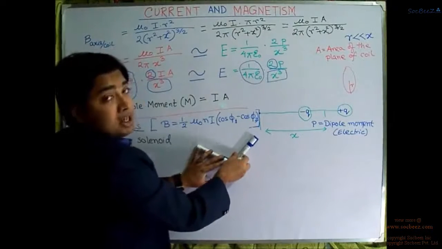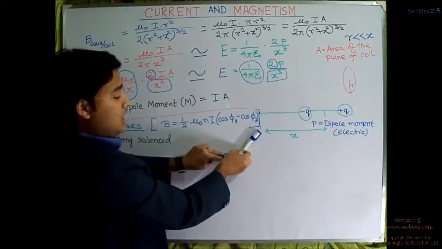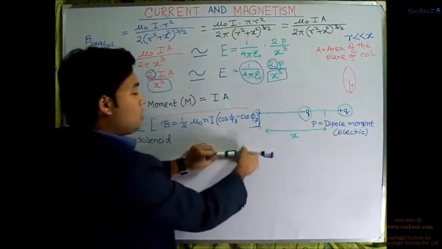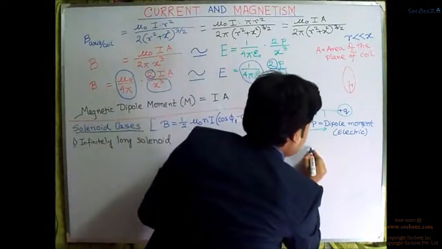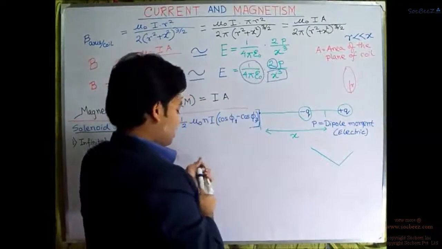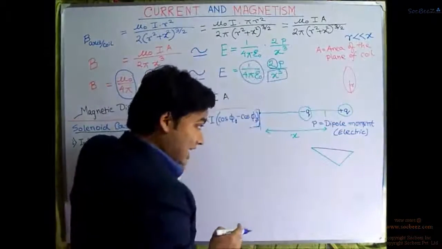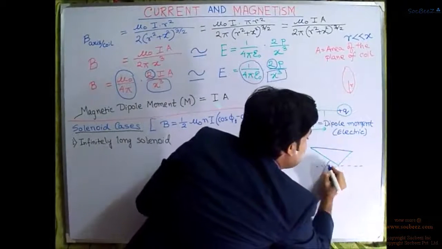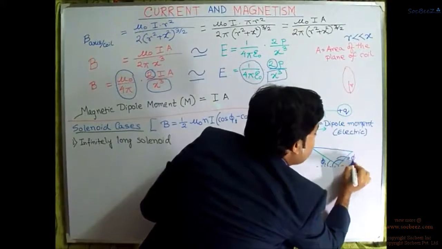Now, if it becomes an infinitely long solenoid, this will turn out to be 0, and this will turn out to be 180 degree. For green it will be 0, for blue it will be 180 degree. Why? Because we have seen that the solenoid did actually stretch from this point to this point, where this was phi 1 and this was phi 2.